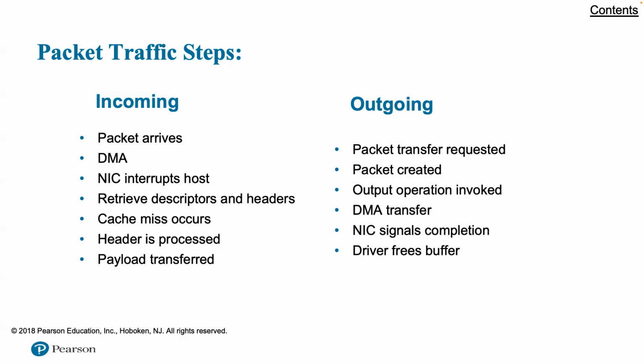Number three, the output operation is invoked. This uses a device driver program to signal the DMA module that output is ready for the NIC. Number four, the DMA transfer. The DMA module reads the packet descriptor, and then a DMA transfer is performed from main memory or the last level cache to the NIC.